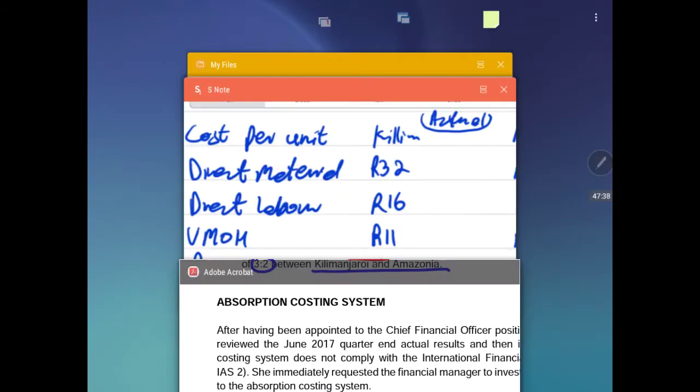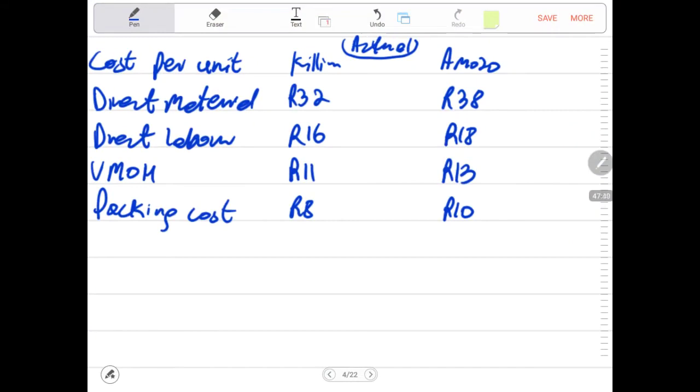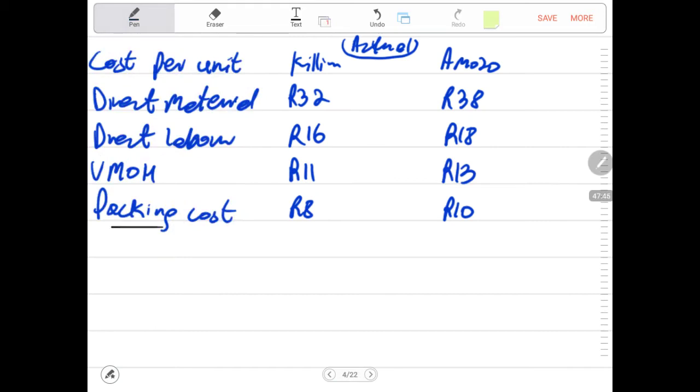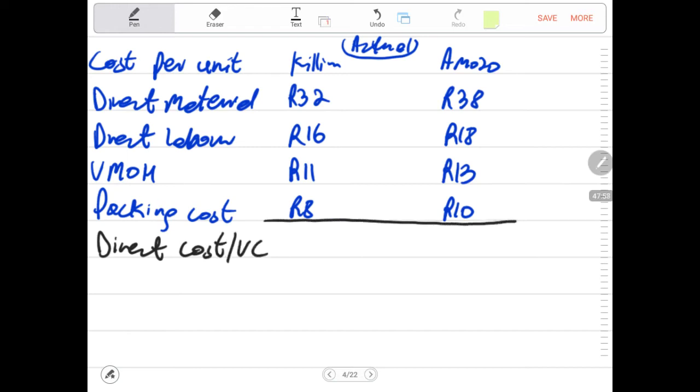Now I just want to highlight one thing. Remember, if we add all these costs, they will give us what is called marginal cost, or direct cost, or variable cost. That means if you end here, you only get the costs to be used in a marginal costing income statement.